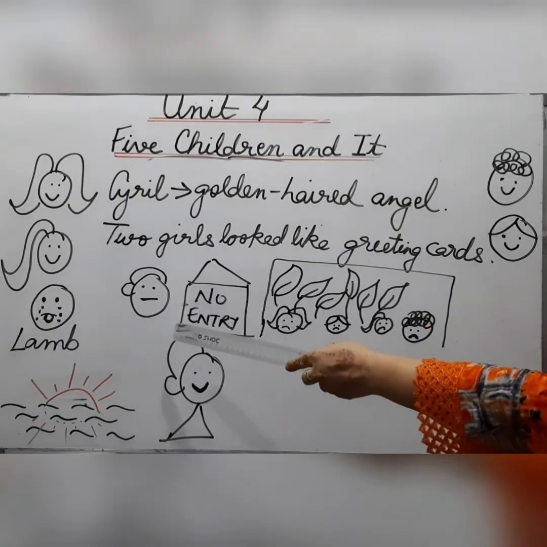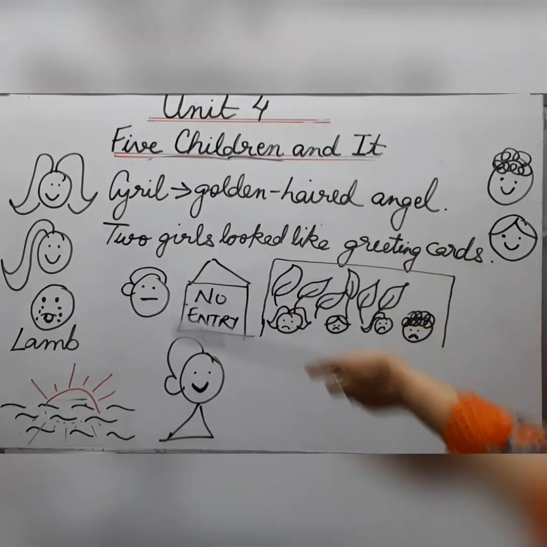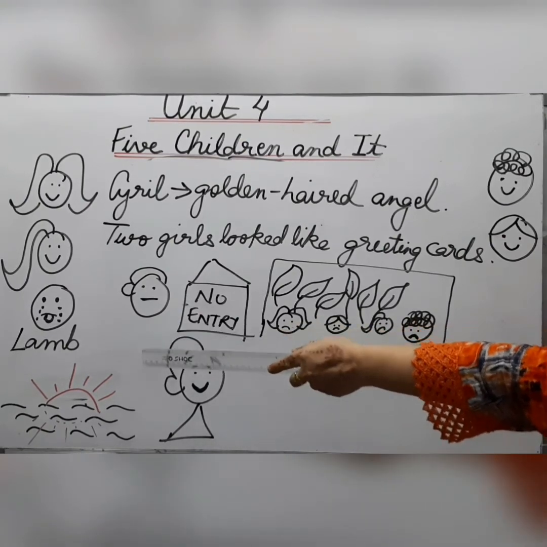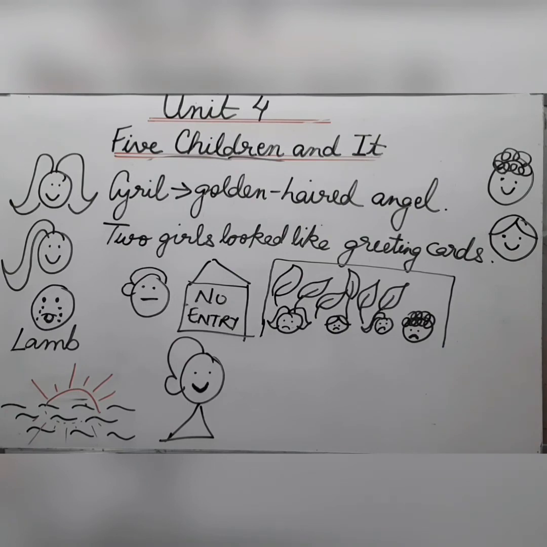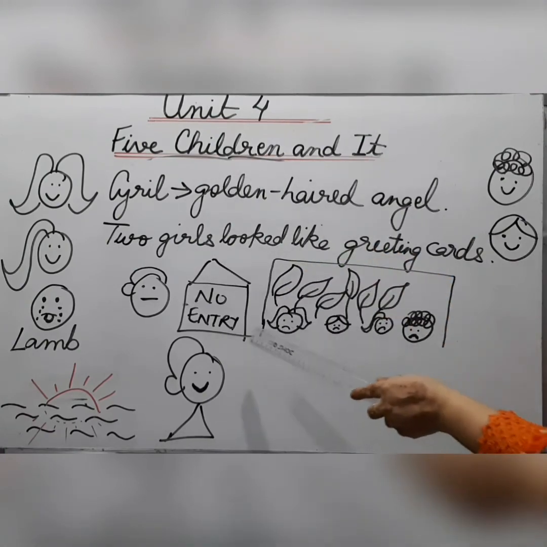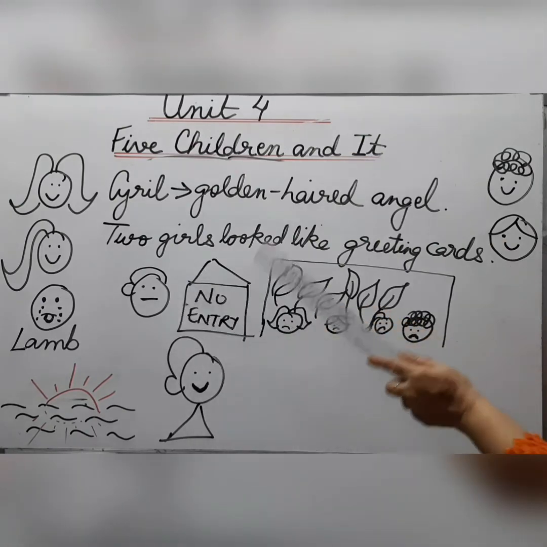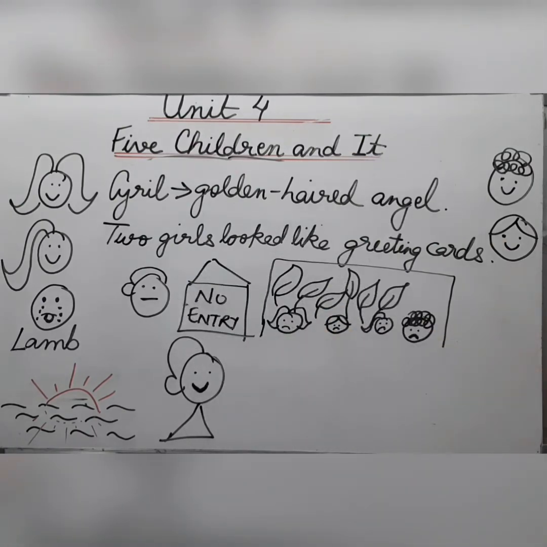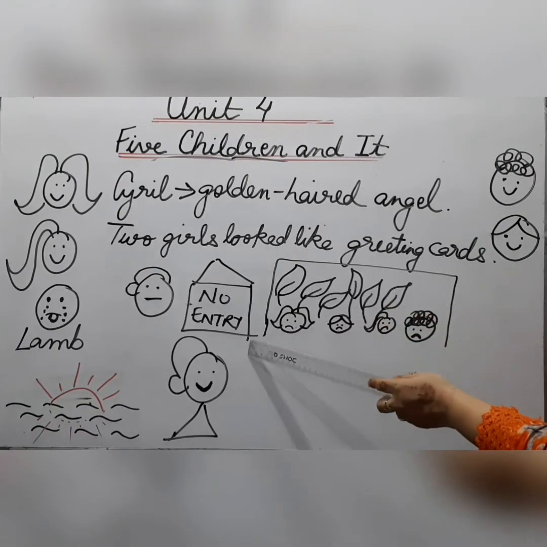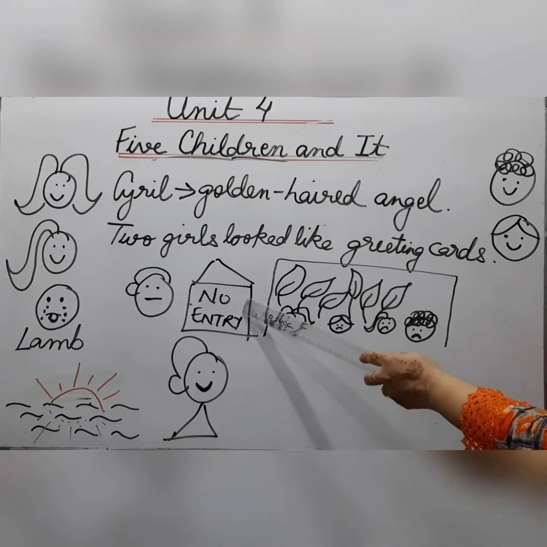Now when they came back, when Martha saw these children, she could recognize Lamb because nothing happened to Lamb. She took Lamb from these children and she asked these children to go away because for her again these children were strangers. So there was no entry for these children, and they could not get into the home. Martha did not allow these children to enter the house and she closed the door.